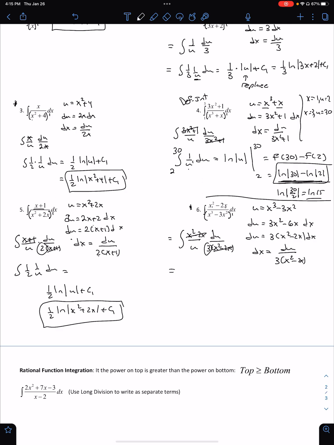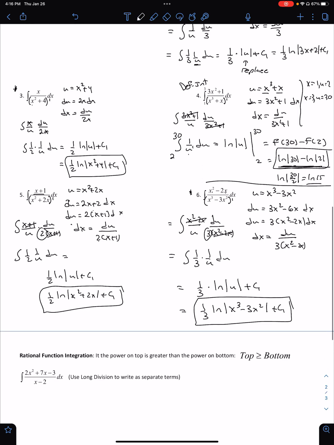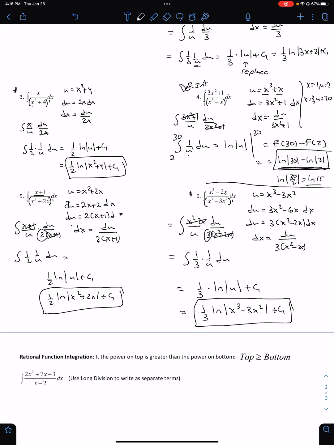We're left with a 1/3, 1 over u, du, and that's going to give us 1/3 the natural log of absolute value of u plus c1. And just replace u. The natural log of absolute value of x cubed minus 3x squared, plus your constant of integration, and there's our final answer right here.